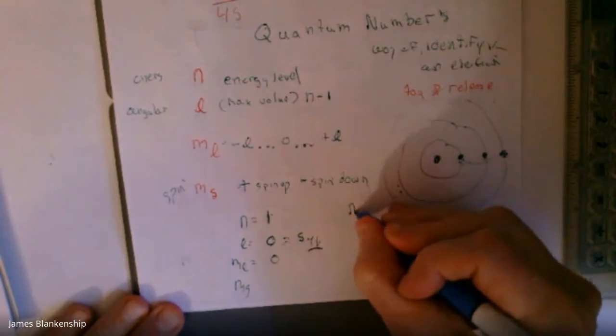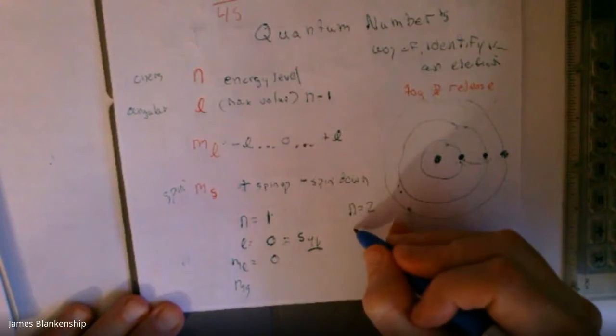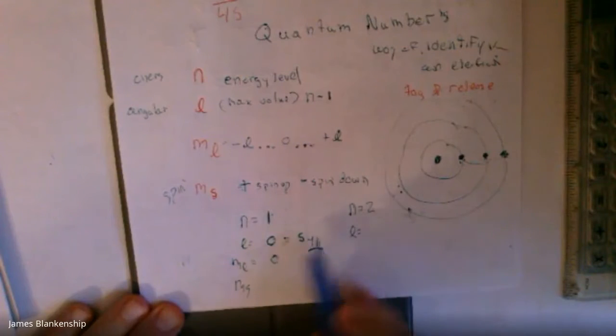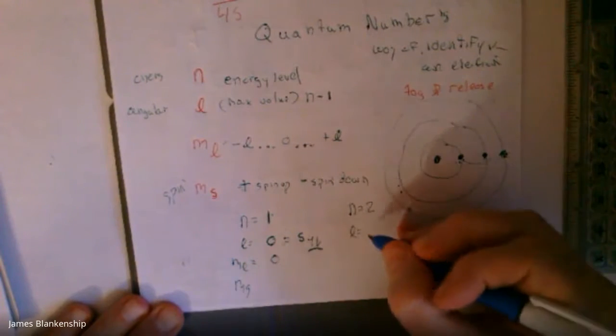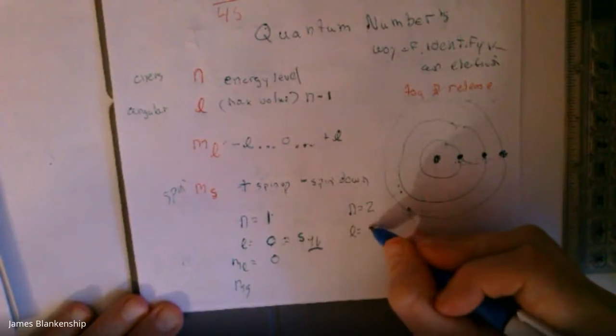If we get to N equals 2, we can have multiple L values. We can have an L of 0, which is fine, or we can have an L, I'm looking at max value, L equals 1.